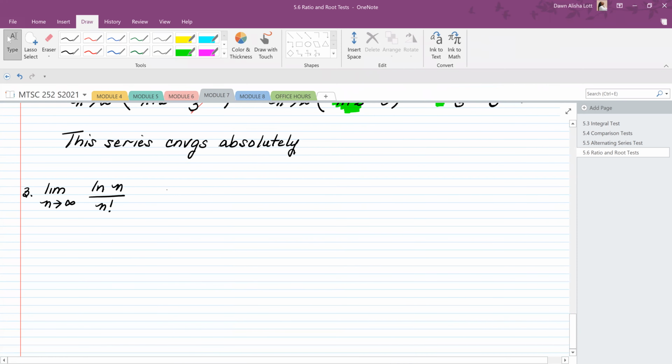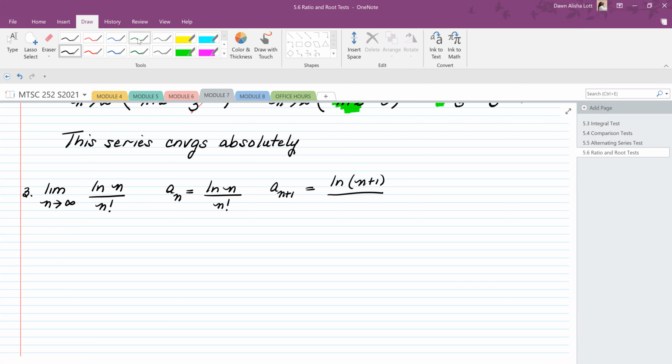Okay, so a_n is equal to the log of n over n factorial, and a_(n+1) is equal to the log of n plus 1 divided by n plus 1 factorial.